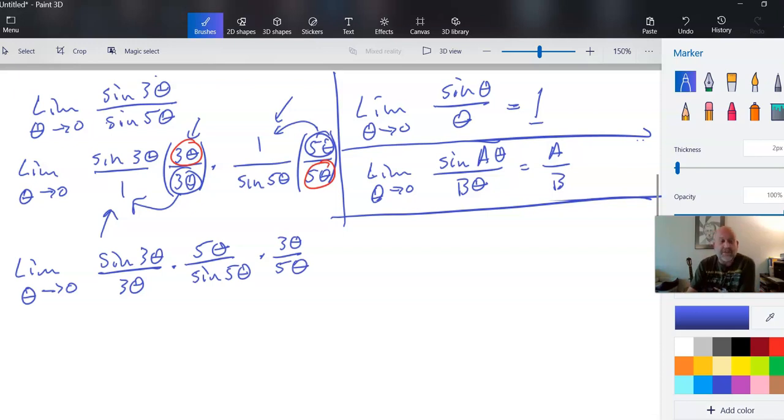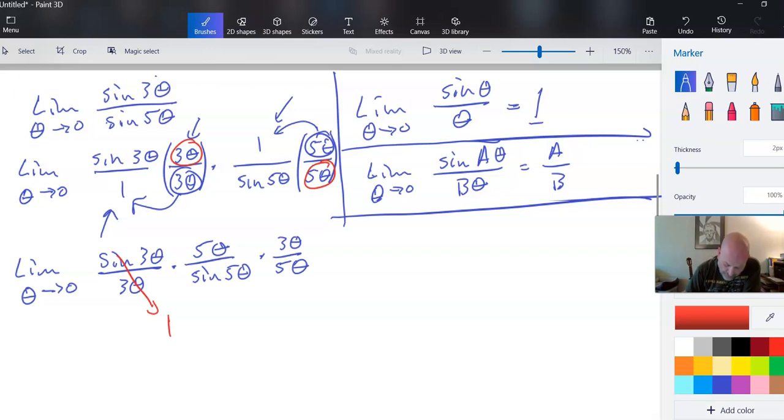Now this is pretty common notation. When you have a product like this and you're taking a limit, you can take a limit of the products individually. And so quite commonly what happens is you draw an arrow through the factor, and then above it or below it write what the limit is. And so here, sine 3 theta over 3 theta, we already know is a 1.